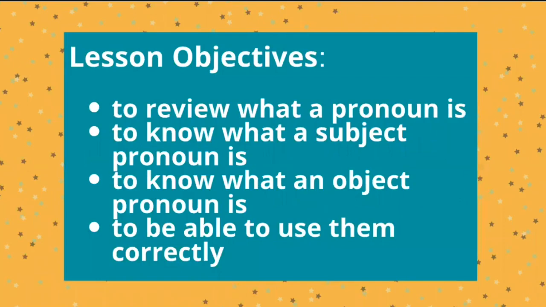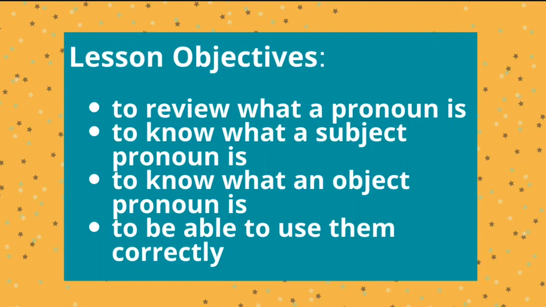So to begin with, let us have our lesson objectives. These are some things that we can learn and that we should learn inside the lesson that we have for today. So the first one is to review what a pronoun is. And at the same time, we will know what a subject pronoun is. And the next one, to know what an object pronoun is, because that's our topic for today.